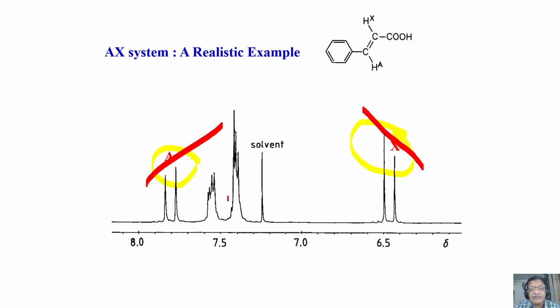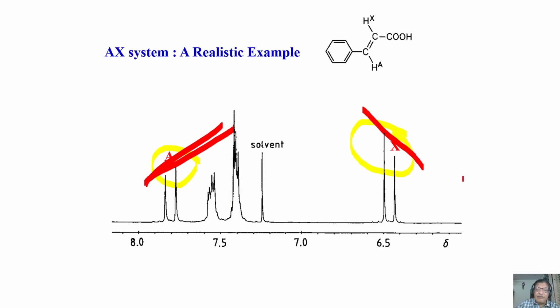And when you go to the strongly coupled case, I'll give you an example. This tells me these two coupled spins are not 100% weakly coupled. If they were 100% weakly coupled, then all four peaks should be of equal intensity.